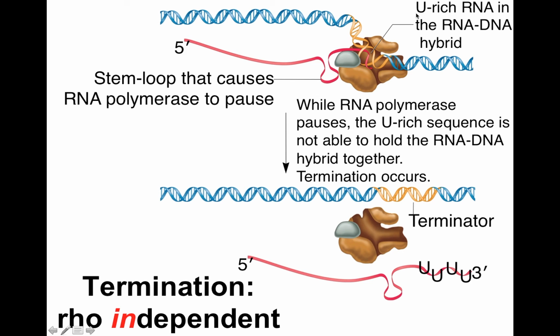Remember, in RNA we have U in place of T. When this U-rich region is produced, it's not able to hold the RNA-DNA hybrid together, and termination occurs and everything falls off. And here's what the transcript looks like. It has all these U's at the 3' end and the stem loop. And for some reason, the DNA and the RNA fall apart, probably because these have only 2 hydrogen bonds with the template, and the RNA polymerase falls off.